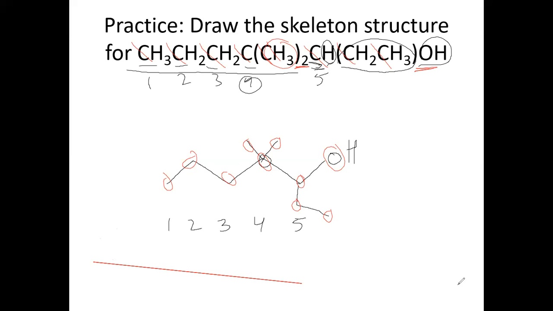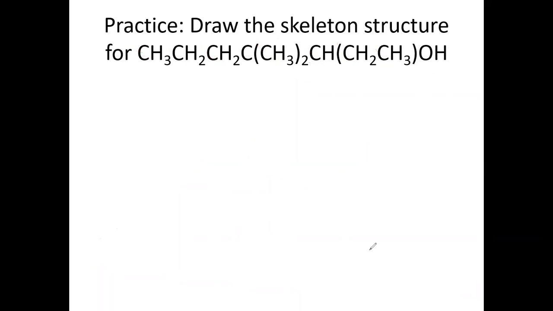If you want, you can add in our heteroatoms. If you want, you can start adding in those things that are coming off. And that's basically it. Does that make sense? Okay, and again, this is something you want to do for practice. Practice, practice, practice. All right, so now I'm going to clear this off and we are going to just continue on.